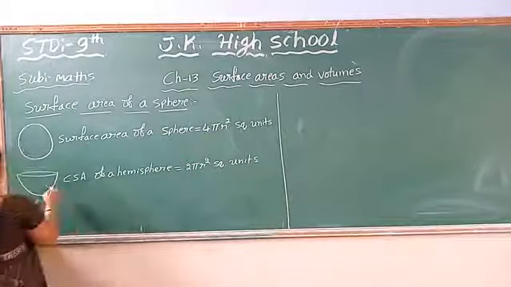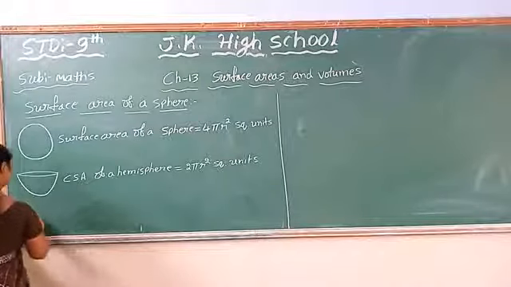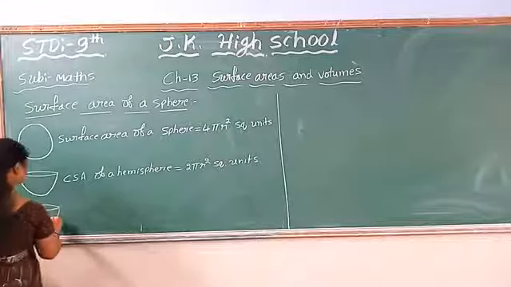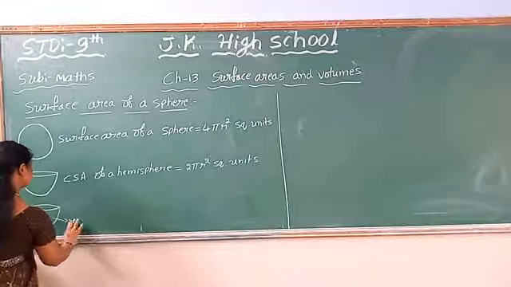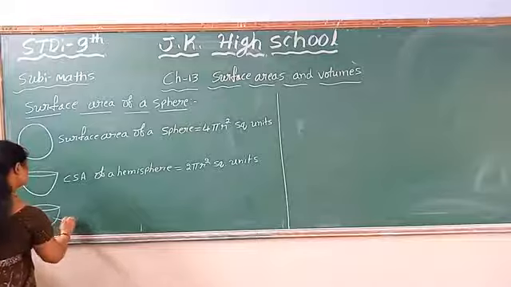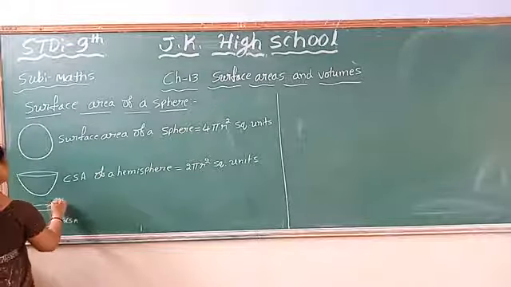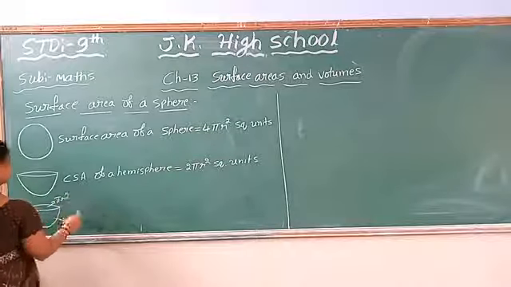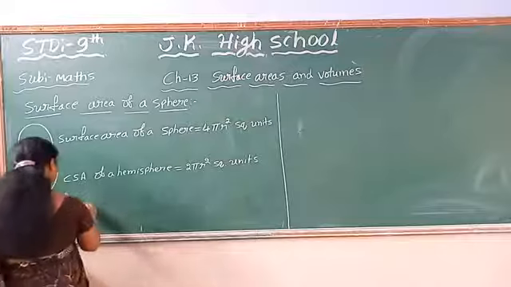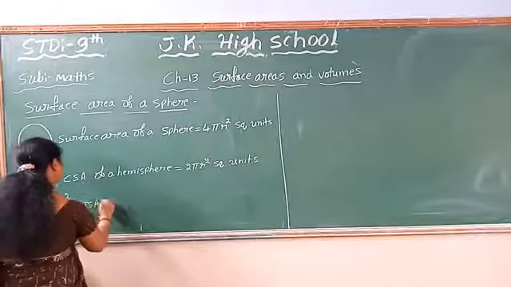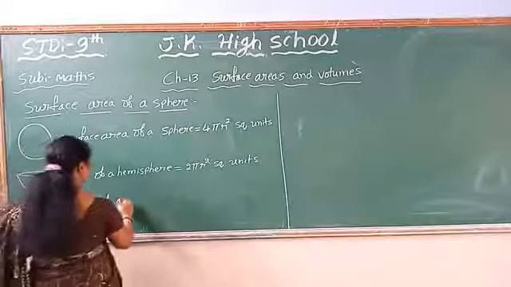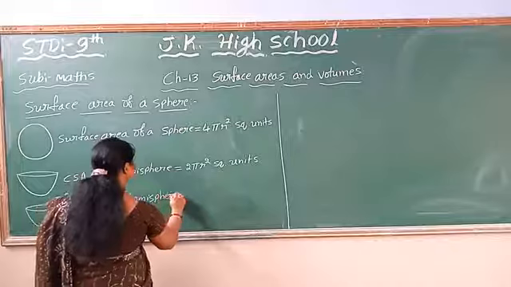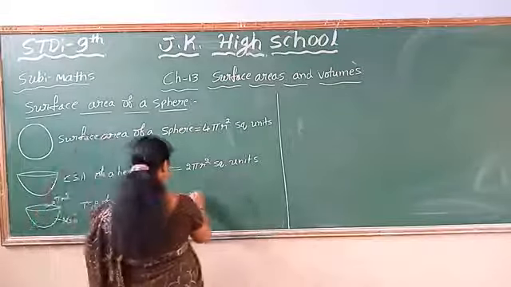Total surface area of a hemisphere is the curved surface area plus the area of this base, pi r square. So total surface area, TSA, of a hemisphere is equal to 3 pi r square.